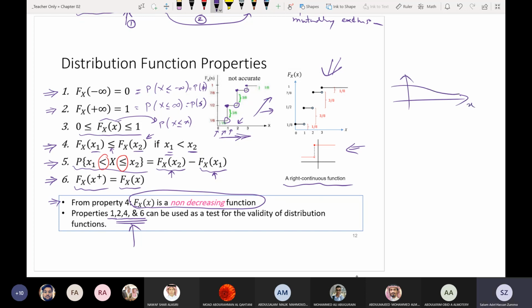this one I know right away is not a valid function. It's decreasing, so it has to be non-decreasing. So it's a function F_X of x that always starts from 0 and always ends at 1. What's in the middle, anything can change, but it has to be non-decreasing.